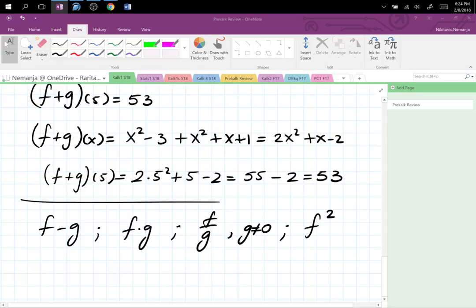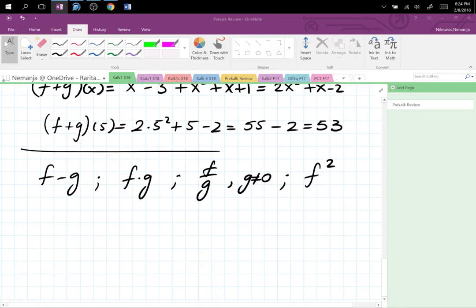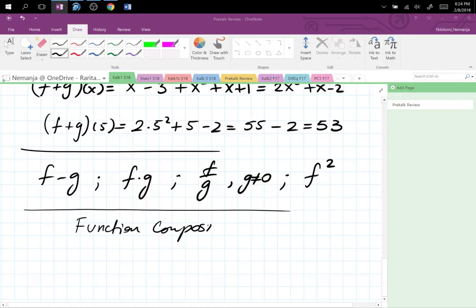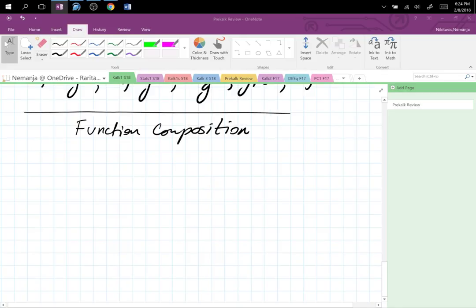But then there is this one way to combine functions that for us is more important than even the ones that I listed. And that is function composition. Function composition takes one function and plugs it into another function.